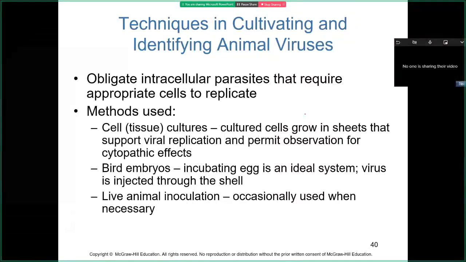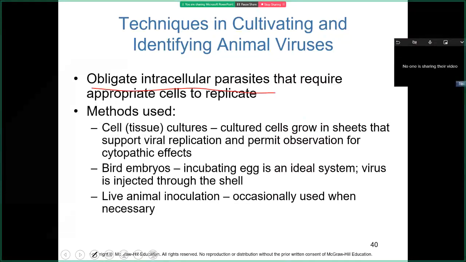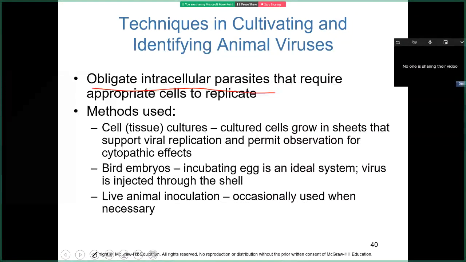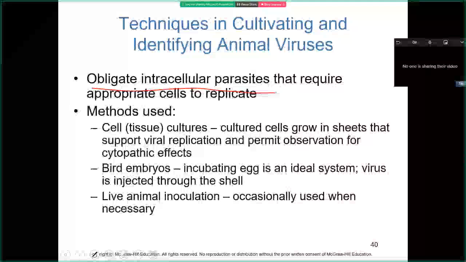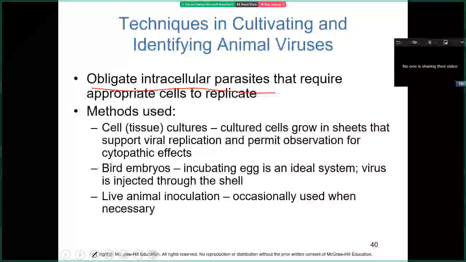We can't use the same approaches because, as it says here, viruses are obligate intracellular parasites, which means we can't just place them on a nutrient agar or in a nutrient broth, because there's nothing in there for them to infect. They have to infect something. They have to parasitize something. So the cultures that we come up with involve utilizing actual live cells.